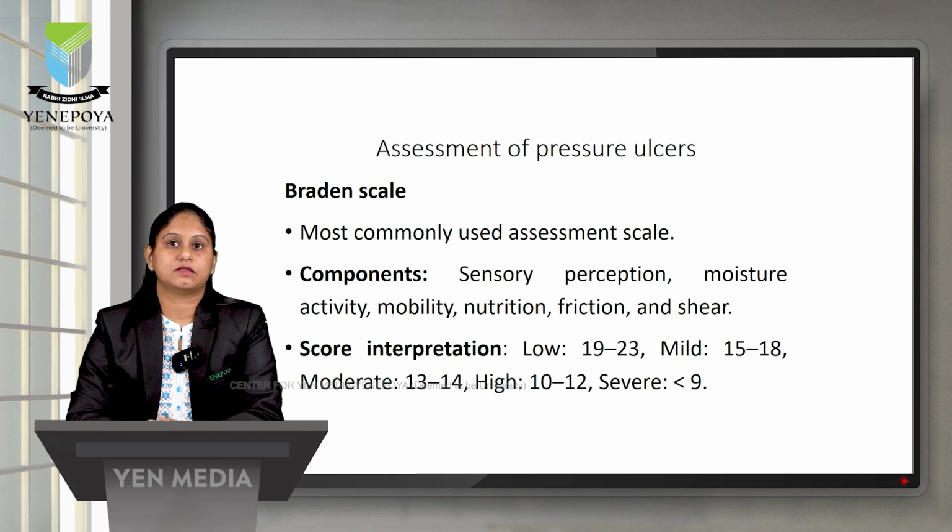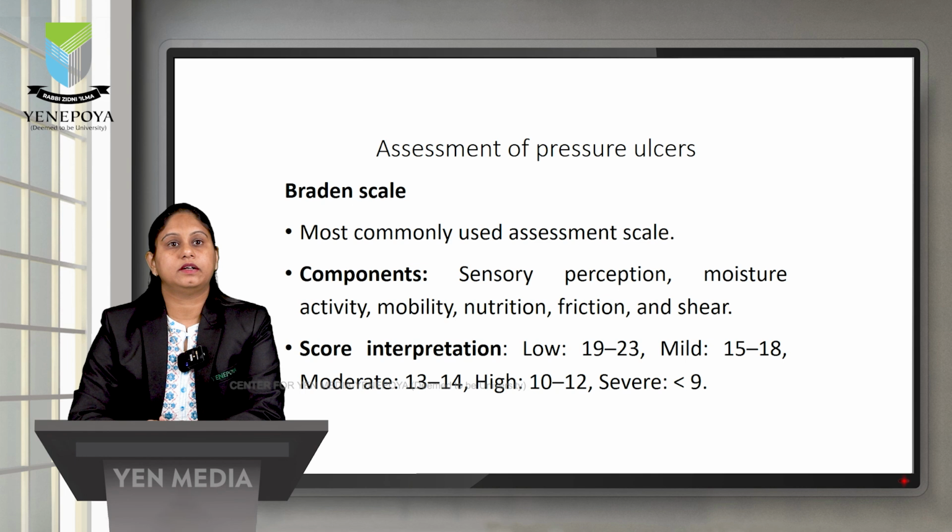Assessment of pressure ulcers. Here the patients are assessed for the development of pressure ulcers by using specific scales. The first one is the Braden scale, which is a very commonly used assessment tool. The components of this tool include sensory perception, moisture, activity, mobility, nutrition, friction, and shear.